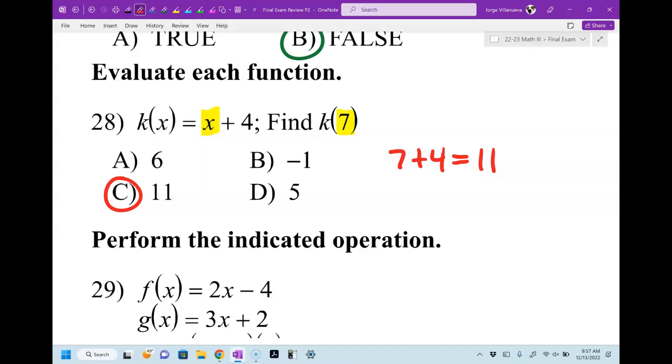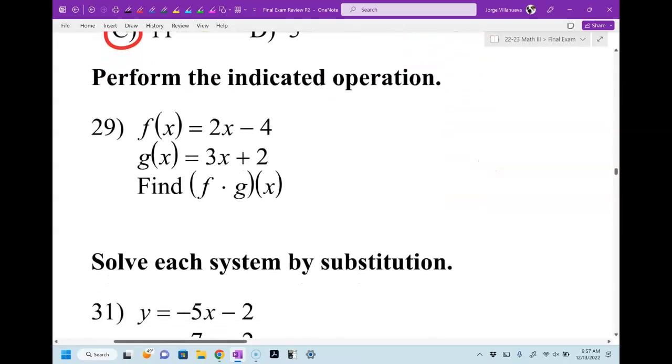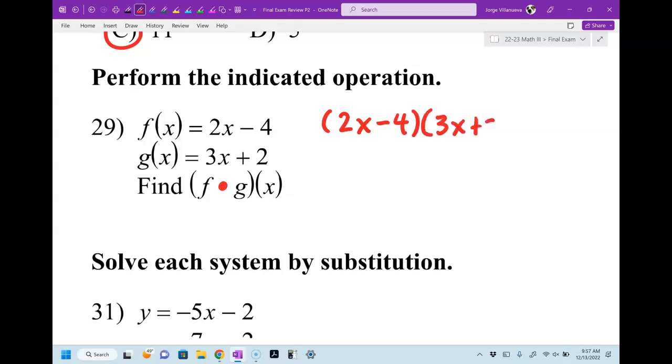All right, number 29. Perform the indicated operation. So they want me to multiply, okay? That dot right there means times. So f times g. So (2x - 4) times (3x + 2).